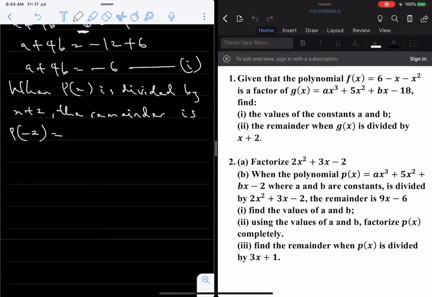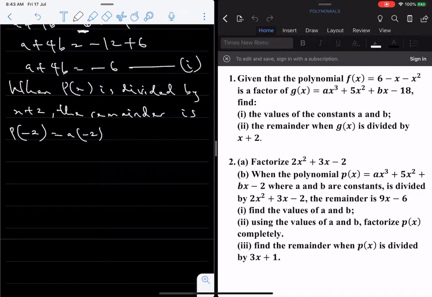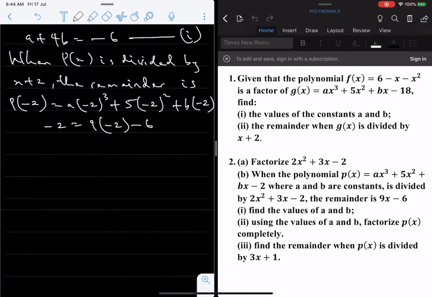So p of minus 2 is a times minus 2 cubed plus 5 times minus 2 squared plus b times minus 2 minus 2. We substitute the value minus 2 for x in p of x, which is equal to 9x minus 6. The remainder is actually 9x minus 6, but it's given by p of minus 2. So that's 9 times minus 2 minus 6.